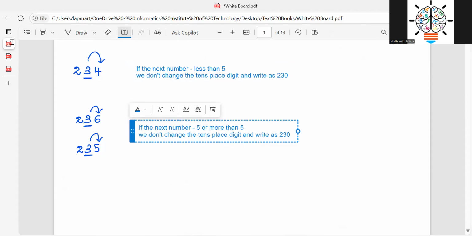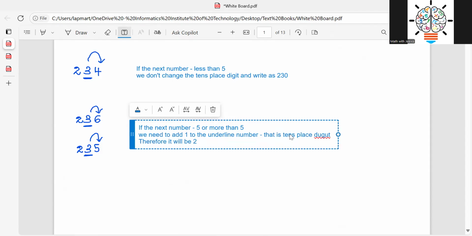Where do we need to add 1, children? We need to add 1 to the underlying number, that is the tens place digit. Therefore, it will be 2, we can't write 3 now, 4, 0, right?